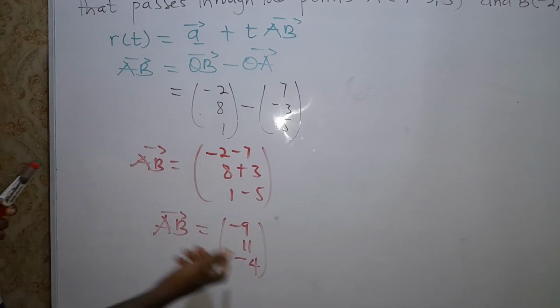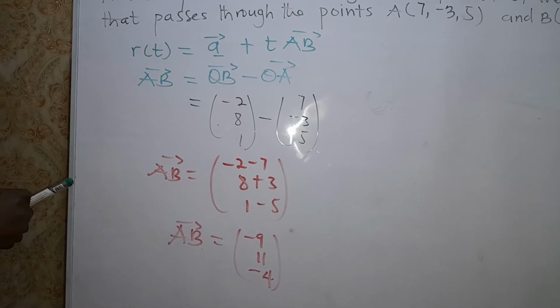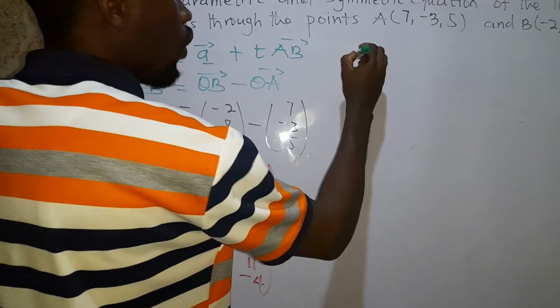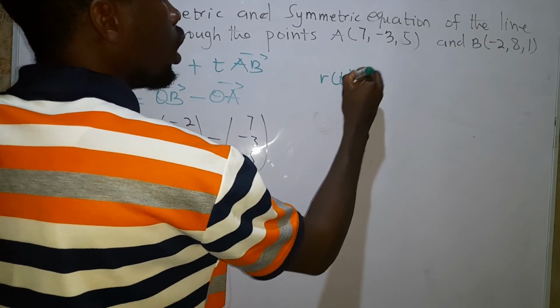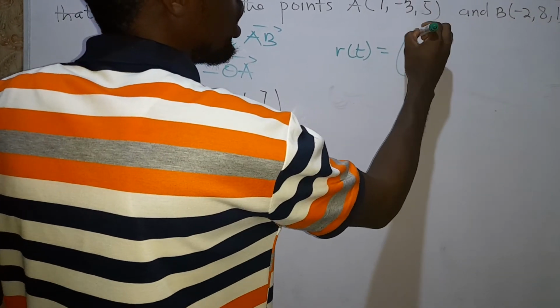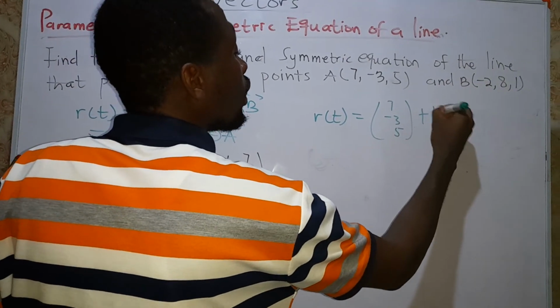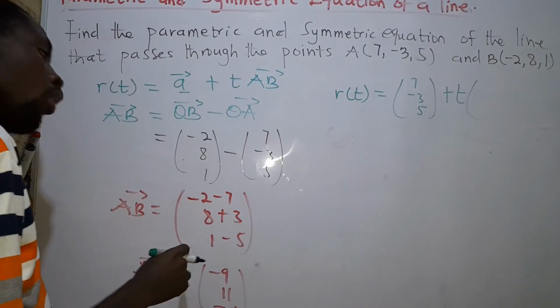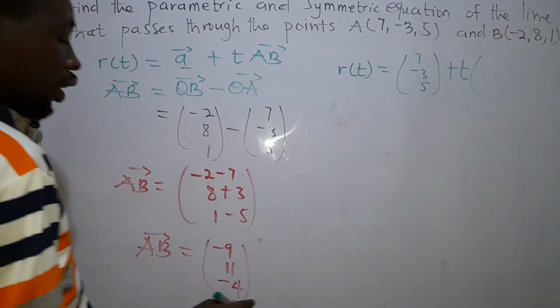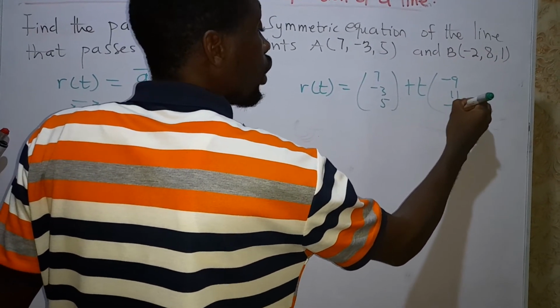Since we know our directional vector and we have our point A, we can find the vector equation. Then we can say the vector equation r(t) is equal to A, which is (7, -3, 5), plus t times the directional vector, which is (-9, 11, -4), sorry.